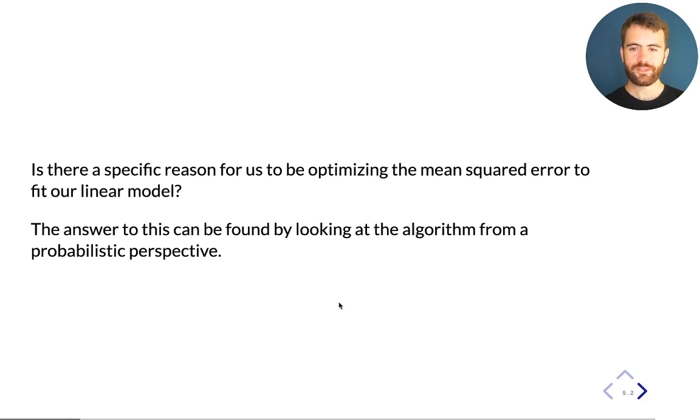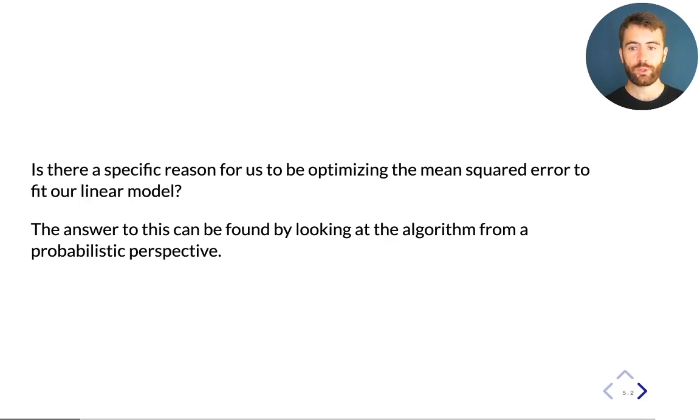Now, you may ask yourself whether there's a particular reason why we chose to optimize the mean squared error in least squares. As you recall, we saw many different kinds of models. We saw, for example, the L1 loss, which is an objective that we could also have used.